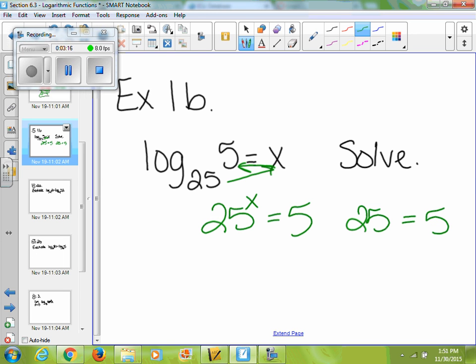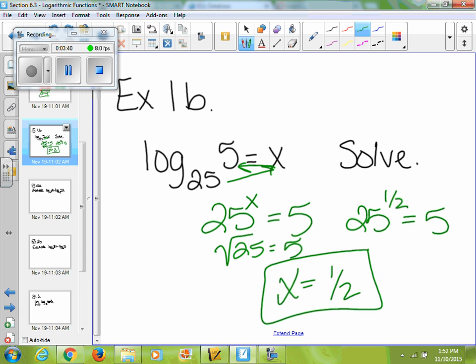It's going to be a fraction because I'm getting smaller. I know that the square root of 25 is equal to 5, and square root is the same thing as a fraction of 1/2. So, x is equal to what? 1/2, yep. Because my exponent is 1/2, so x is equal to 1/2.